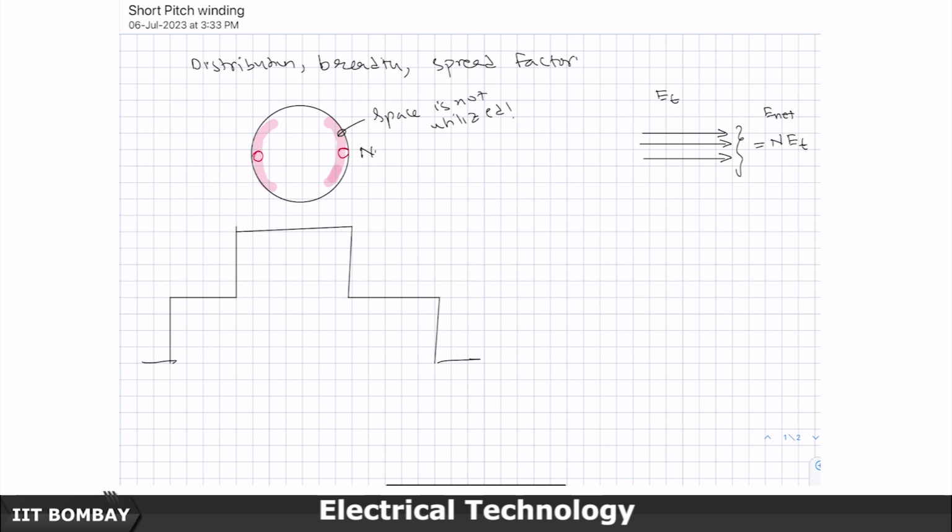If you look at this kind of patterns, they are not very comfortable because they have the fundamental plus many harmonics involved in them. So, a lot of harmonics will come in them when you do the Fourier series.